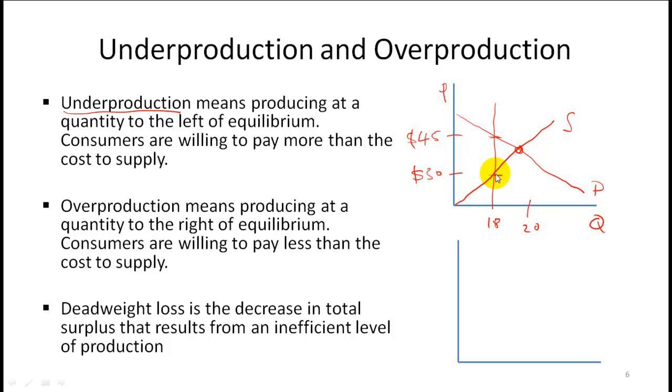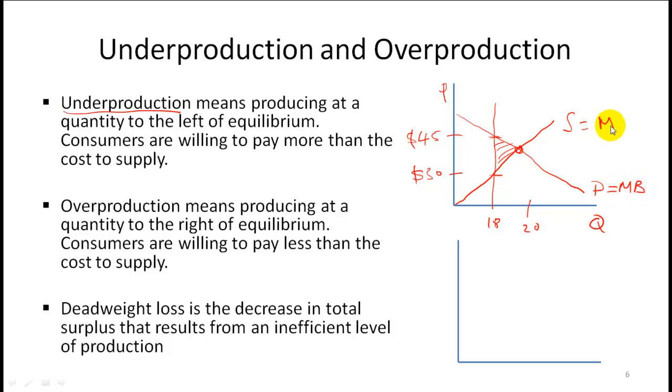People are willing to pay 45, so people are willing to pay a whole lot more than how much the product costs. So we are stuck over here. This region is what is called deadweight loss, because this was potentially beneficial to society, with the demand, which is the same as marginal benefit, being higher than the marginal cost.